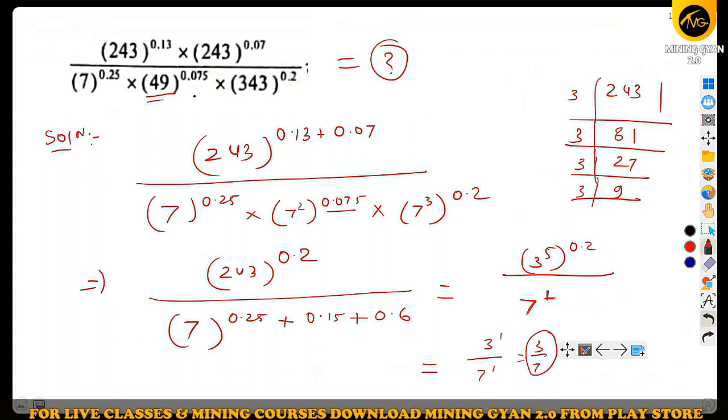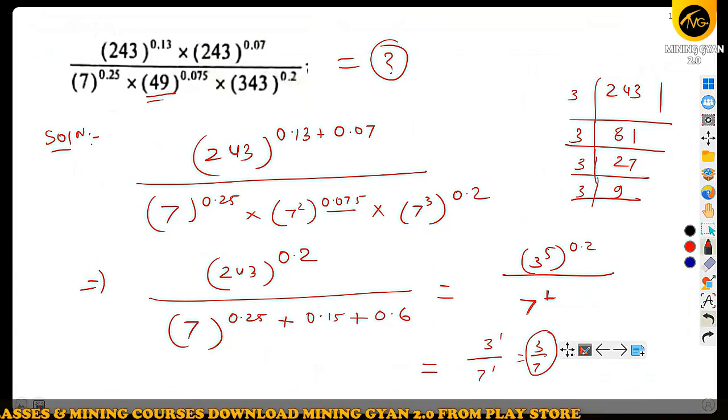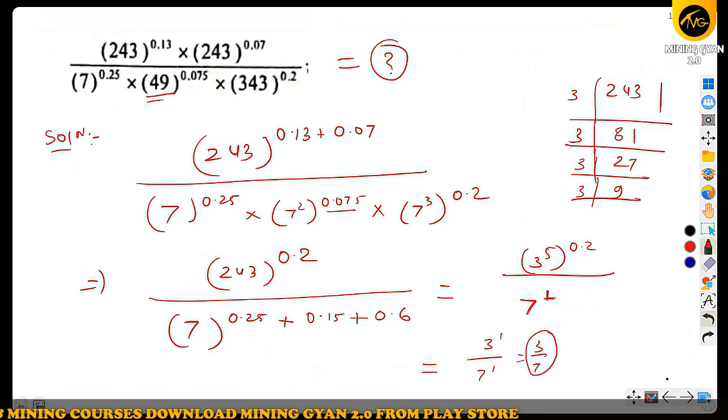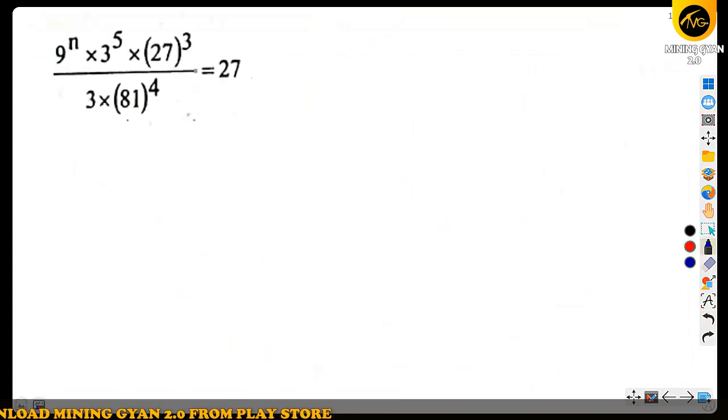Clear? Now the next one is 9 power n into 3 power 5 multiplied by 27 whole power 3, and whole divided by 3 into 81 whole power 4, is equal to 27.